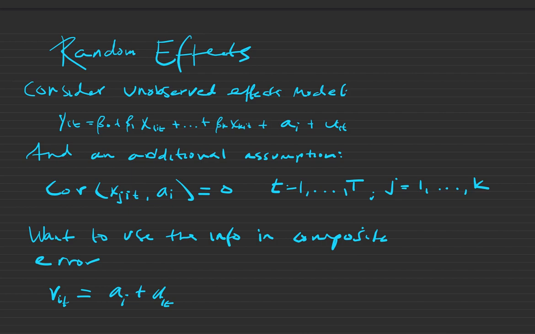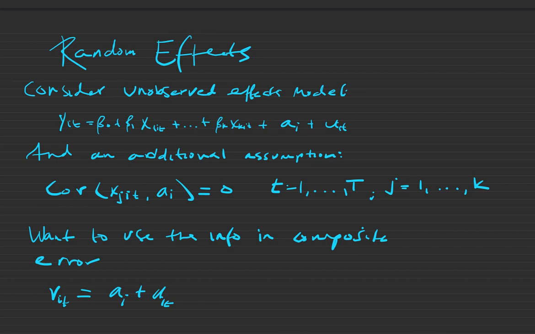Now, we're going to allow this covariance to be 0, but we will still have serial correlation because a_i will be in the composite error, v_it equals a_i plus u_it. So a_i is in that composite error over time for each cross-sectional unit. And we want to use that information in the composite error.